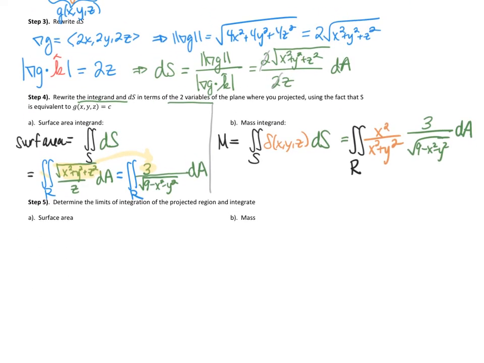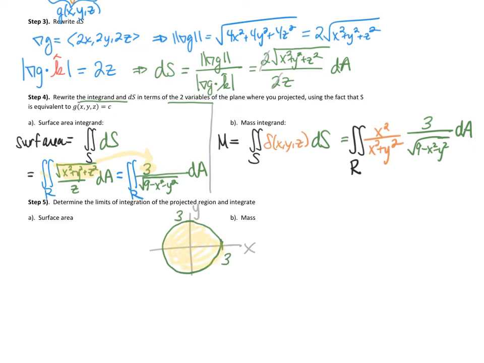This is where we need to really picture the region we're integrating over. So as a reminder, we have projected now onto this circle, and this is in the xy plane. The circle has radius 3 because my sphere had radius 3.